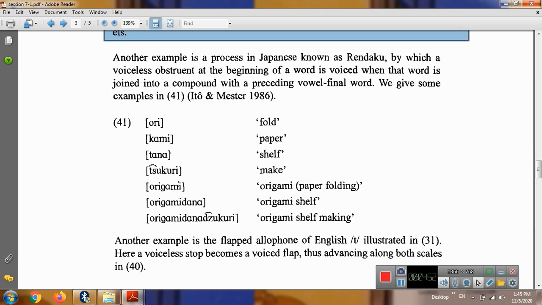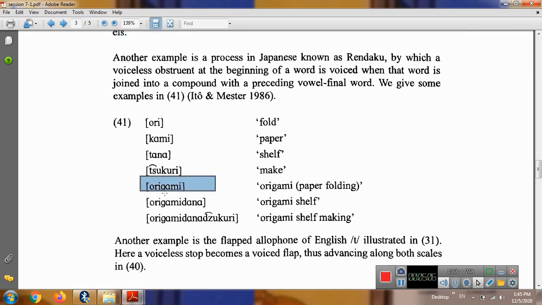We should have orikami when we want to combine them, but here when these two words combine with each other, this k, which is a plosive sound, turns to g, which is a voiced sound.